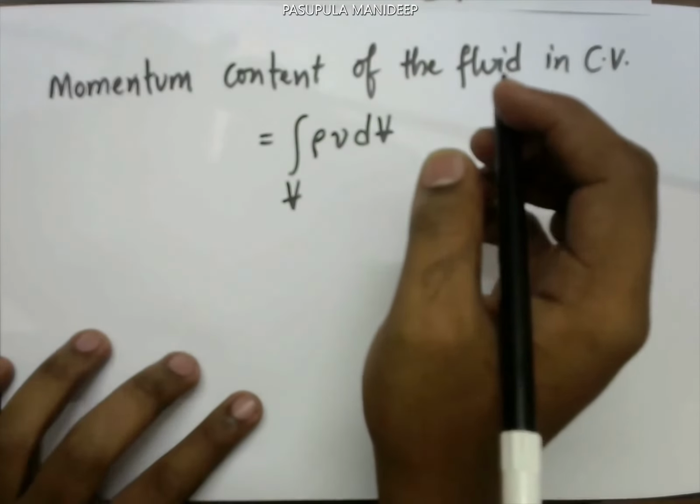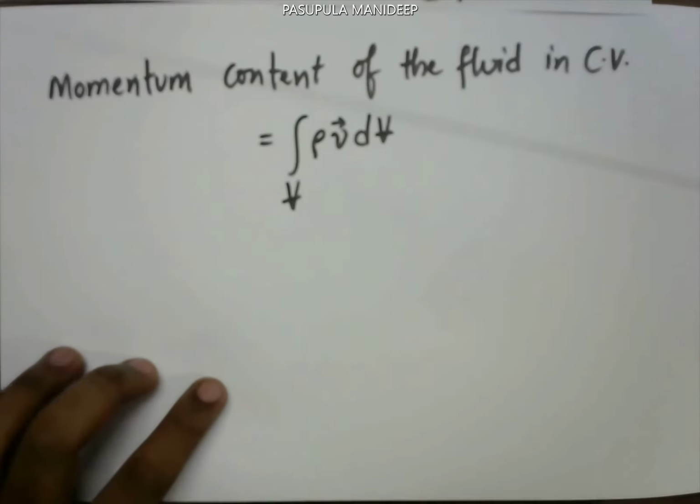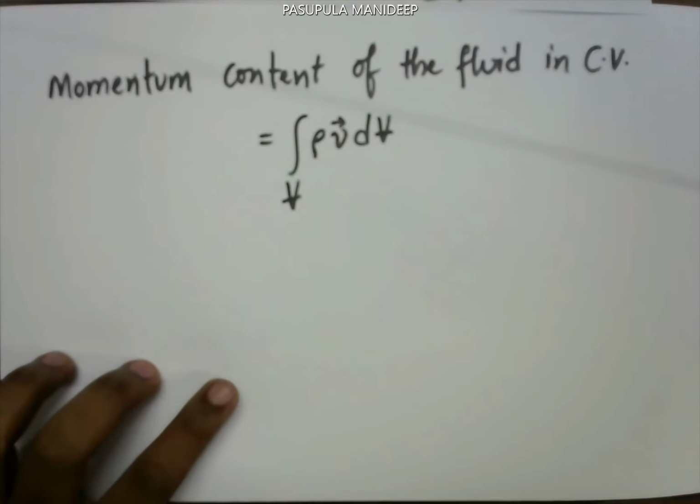We can represent the velocity as a bar. This is the momentum content of the fluid in the control volume.